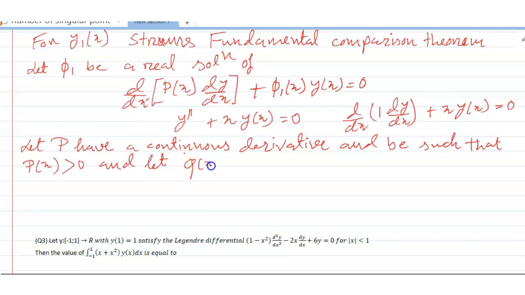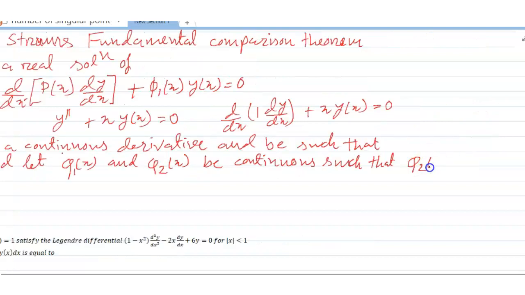phi 1(x) and phi 2(x) be continuous such that phi 2(x) is greater than phi 1(x).